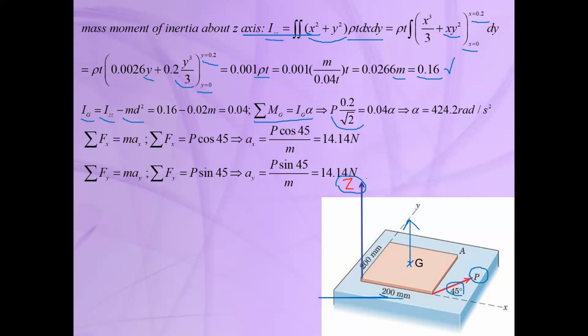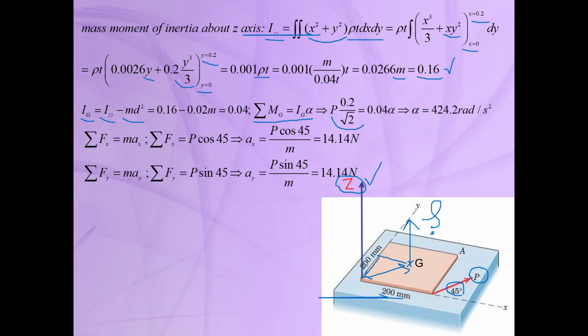But this time we have the mass moment of inertia about axis Z, and we want to obtain the mass moment of inertia about the mass center. So it's equal to Iz minus md squared. And again, d is this distance, the distance between axis G and axis Z, which is exactly equal to this length in this triangle.